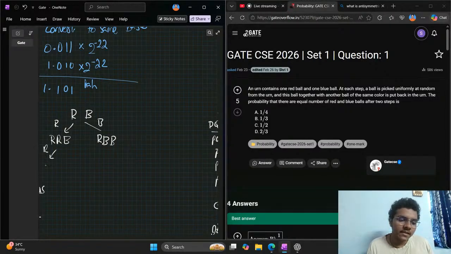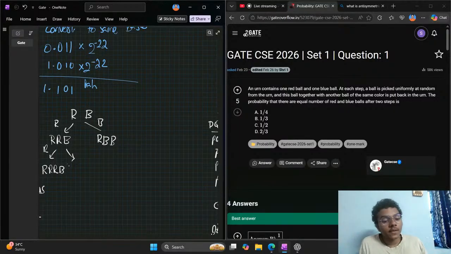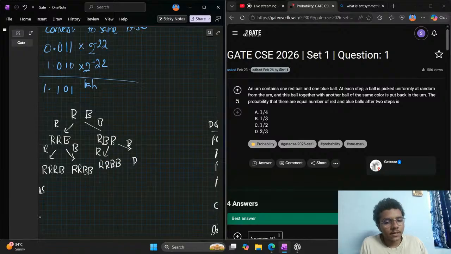And let's say red is picked here, here we got triple R, B. Let's say blue is picked here, then you will have double R double B. Let's say red is picked here, then you will have double R double B. Let's say blue is picked here, then you will have R triple B.